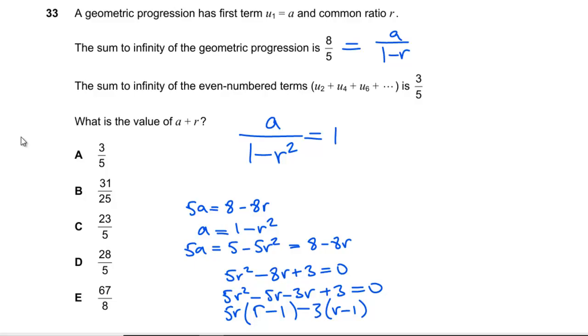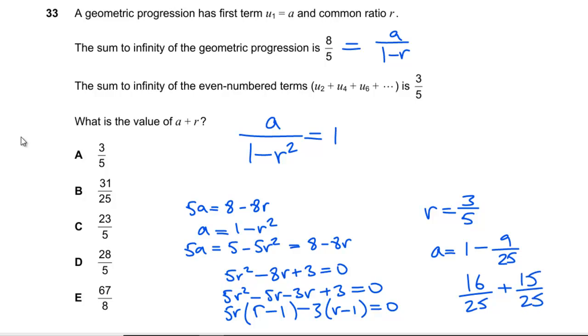I need the 3, so yeah, that fits. So r is going to be 3/5, and that means that a is going to be 1 minus 9 over 25, so that's 16 over 25. Right, what am I doing? A plus r. So I need to add on 3/5 of that. So that is going to be 15 over 25. So 31 over 25. So B.